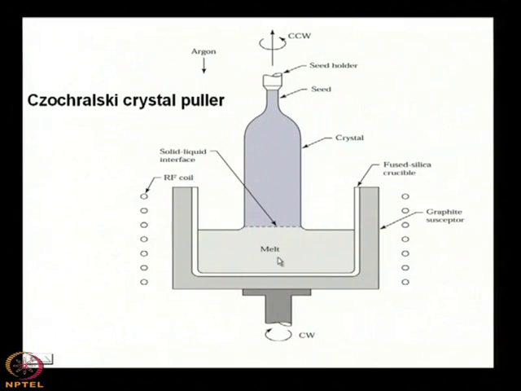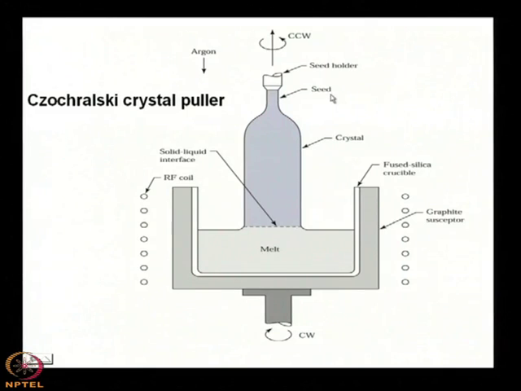And this is the melt of polycrystalline silicon. So, when the material is melted, it is no more in the crystalline state. It is basically liquid. Then one seed crystal is dipped at the surface of the melt.